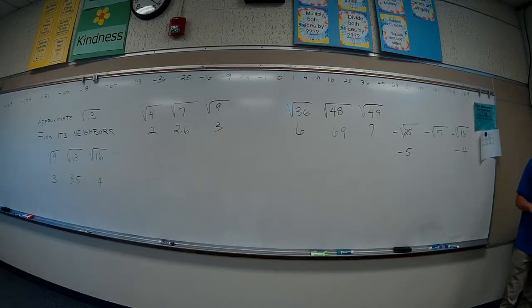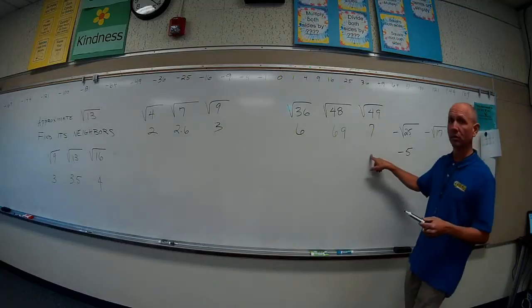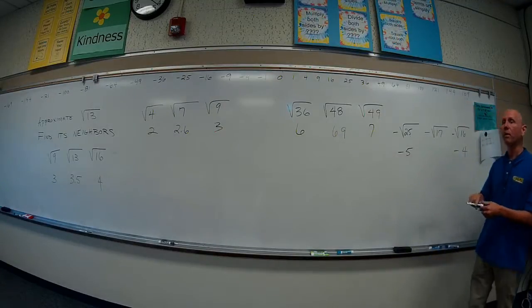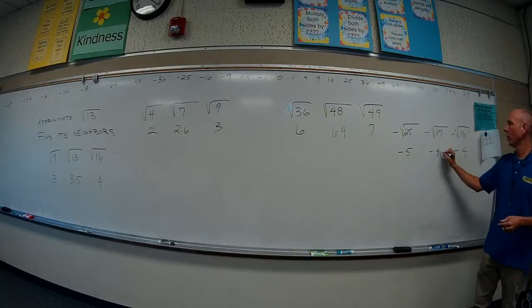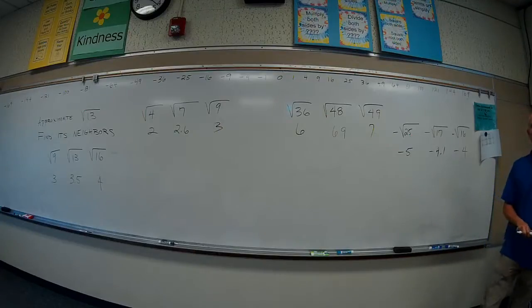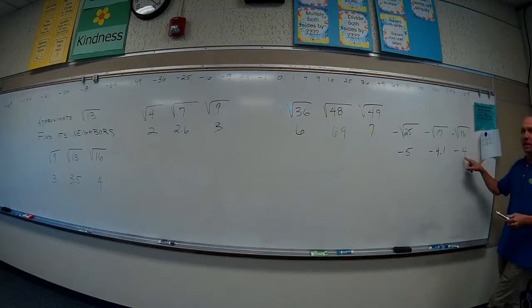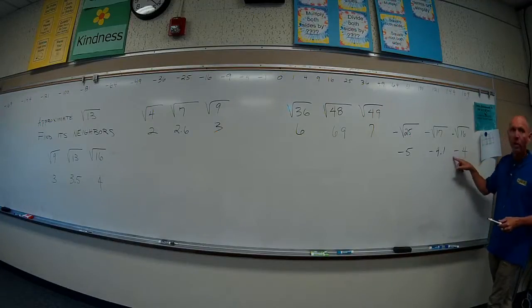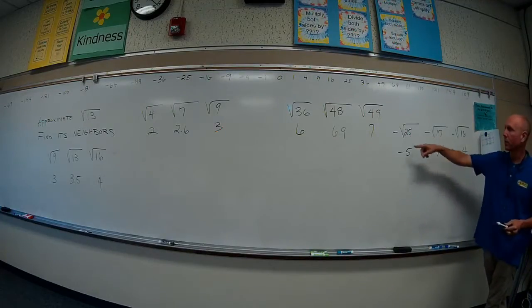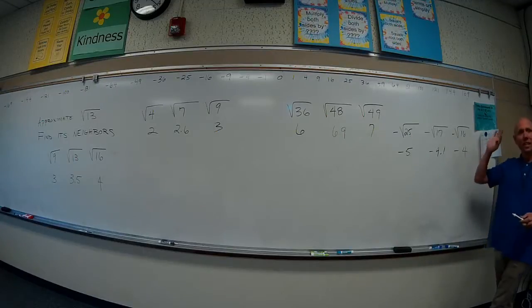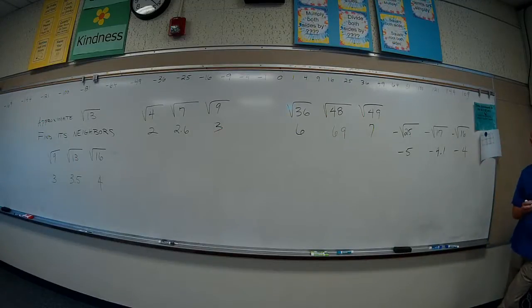Maybe about a negative 4.1. Okay. So this would be -4, -4.1, -4.2, -4.3, up to -5. So it does seem a little bit weird with the negatives, but you just need to take time to look at it.